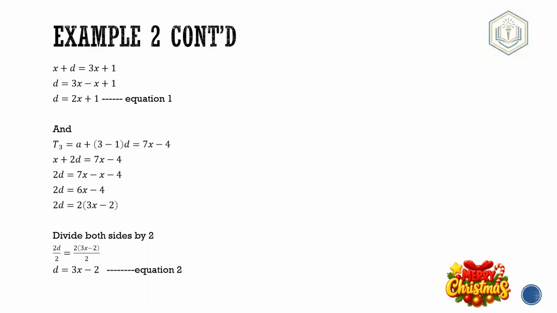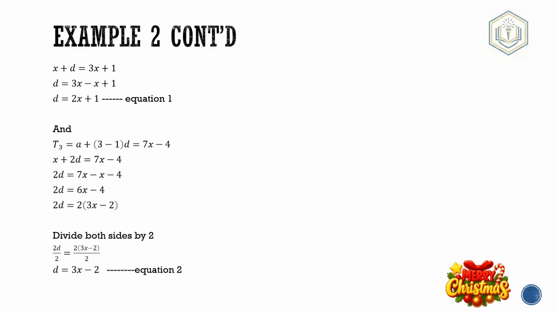So you substitute your x where a is, that is substitute for the first term, and then your 2 minus 1 is 1. So 1 times d will give us d. We now have x plus d equals 3x plus 1. So if you move the x to the right hand side, you will discover that we're going to have d equals 3x minus x plus 1. And so take away x from 3x, 1x from 3x, you have 2x plus 1. That will give us equation 1.